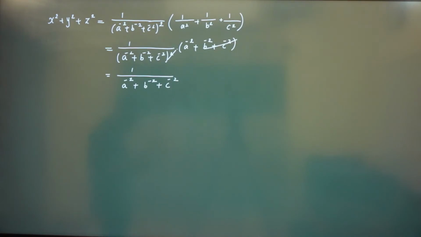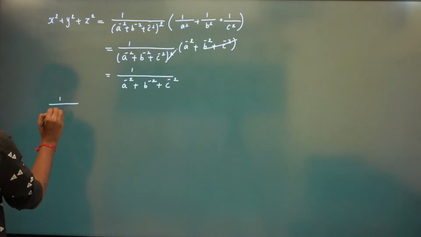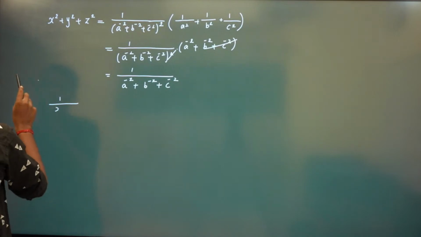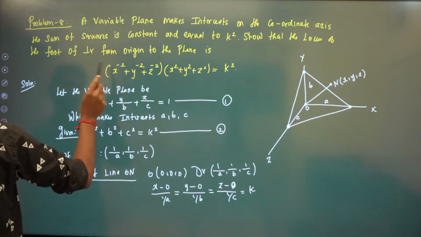Now similarly, you just find the value of 1 by x square, 1 by y square, 1 by z square, right? You need to find this and this, right?